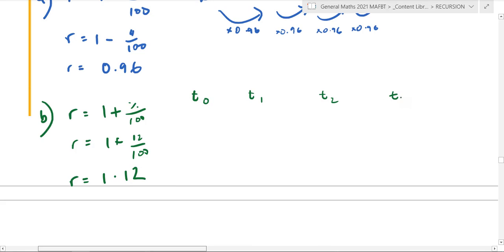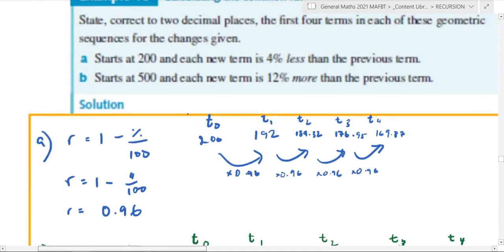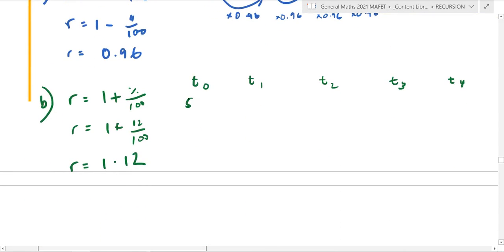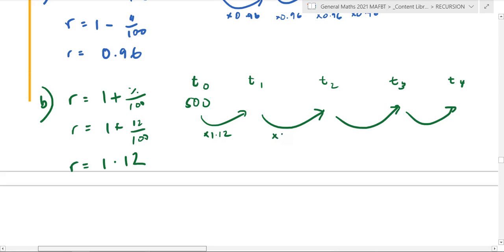Give myself more space this time. So my starting term is 500, and each new term after that. Now this is just for these questions. There'll be a proper way of showing the working out to get these terms later on, and you'll probably all be familiar with it if you've watched the previous lessons.